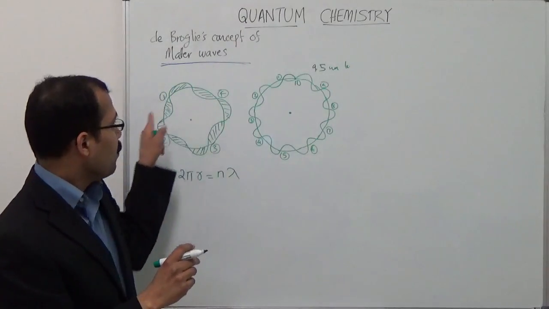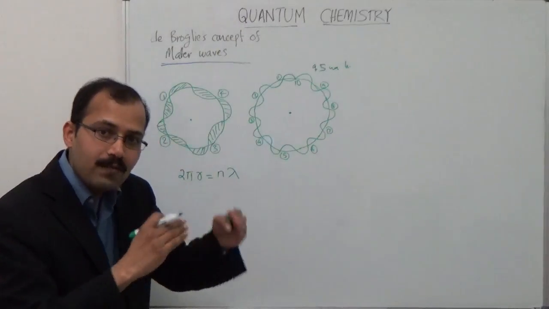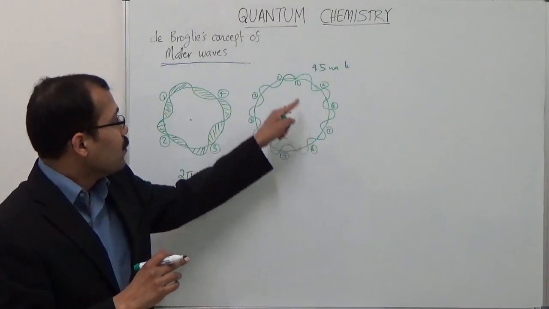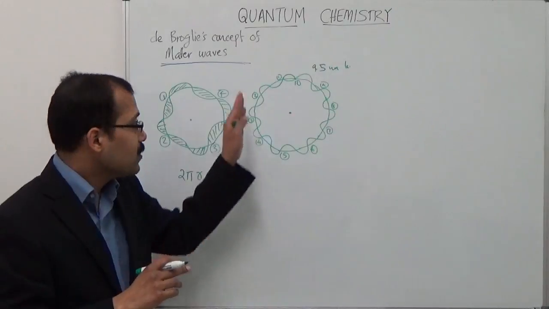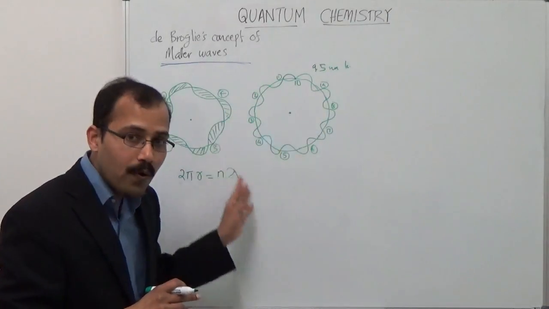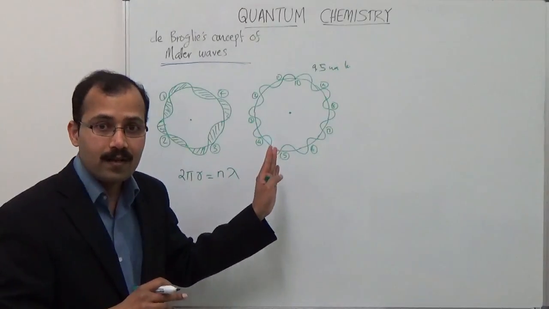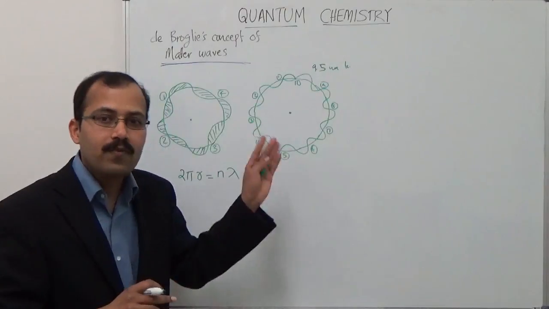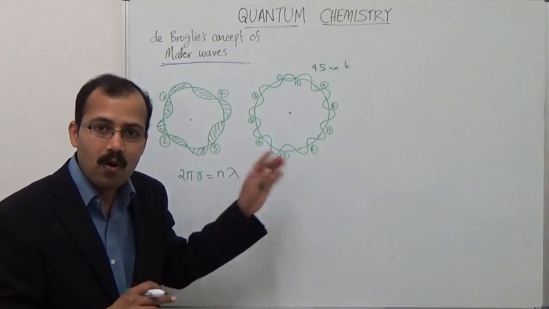If it is an integral multiple, it will constructively fit inside the Bohr orbit. But if it is not an integer, if it is like 3.7 or 9.5 or 2.3 or any other, then it will not constructively fit inside the Bohr orbit.